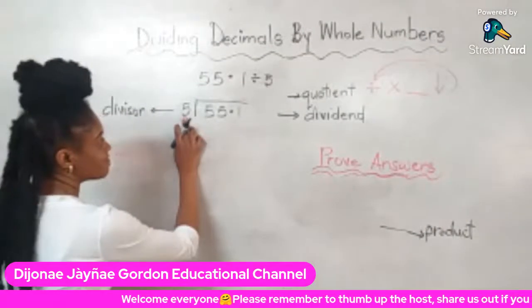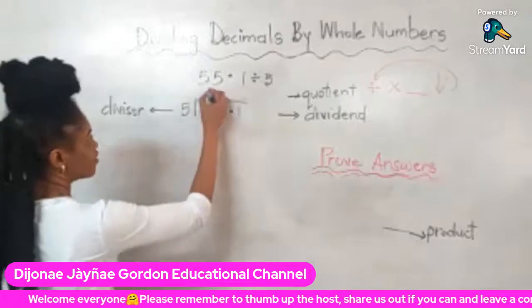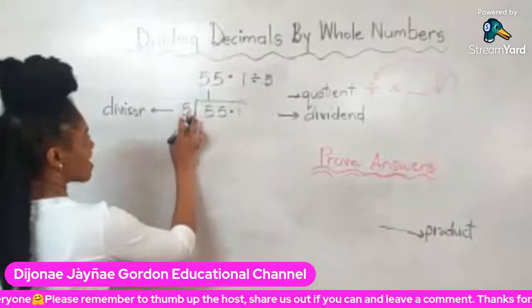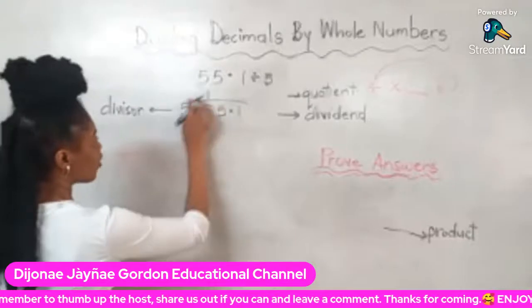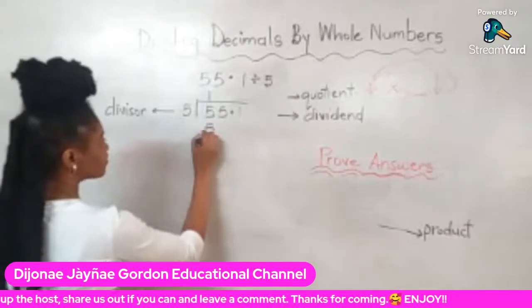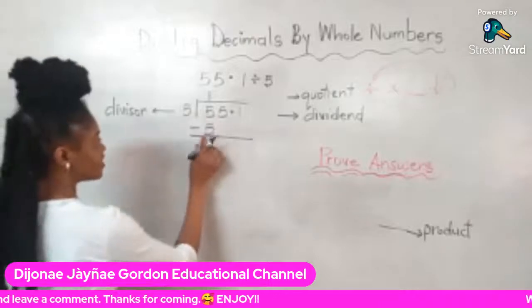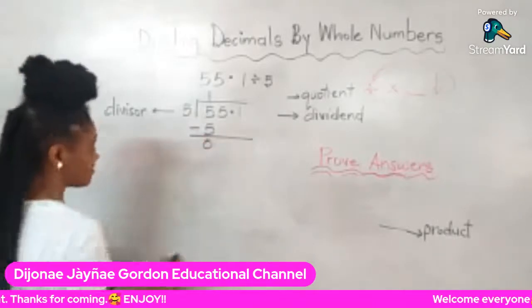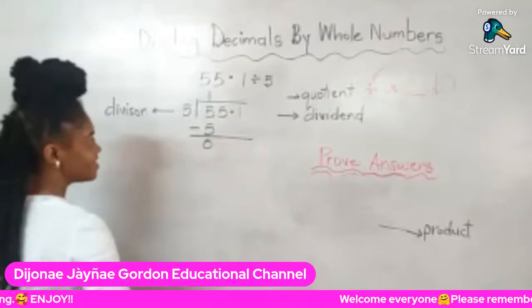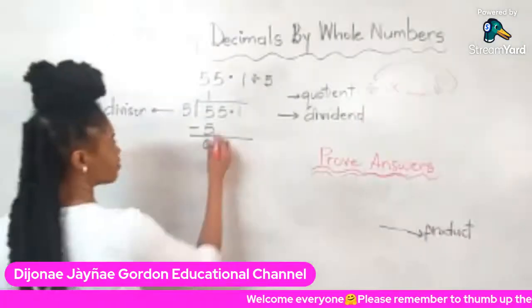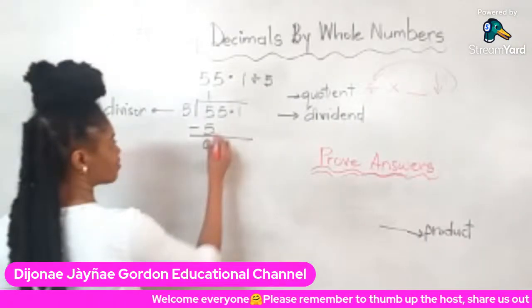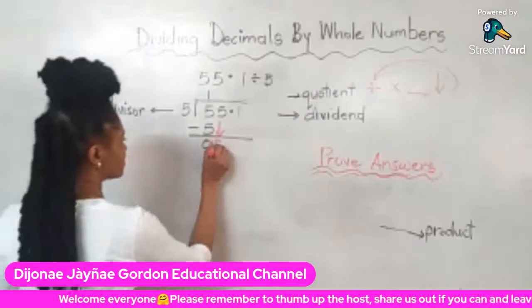How many groups of 5 can we get from 5? We can only get one group. 5 multiplied by 1 or 1 multiplied by 5 is 5. You have 5 things to give away, 5, you have 0. The next thing you are going to do is bring down this 5, and it's going to be 5 right here.